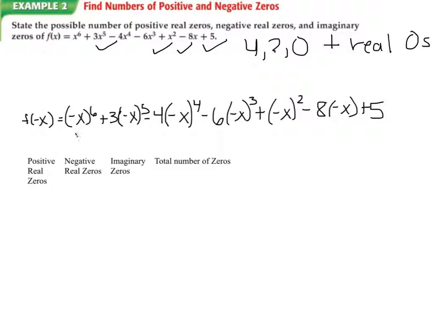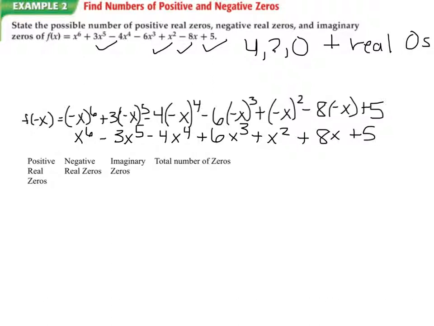So here we're going to have x to the 6th power minus 3x to the 5th minus 4x to the 4th plus 6x cubed plus x squared plus 8x plus 5.